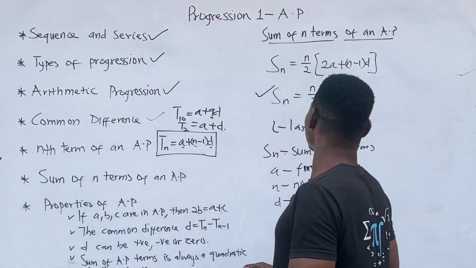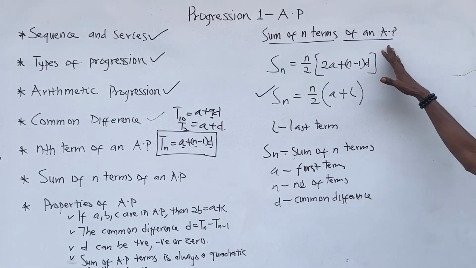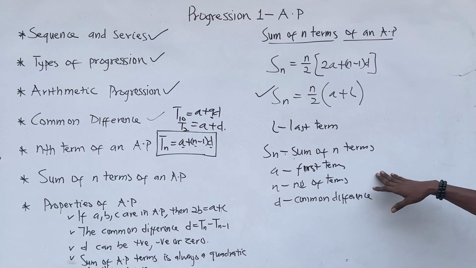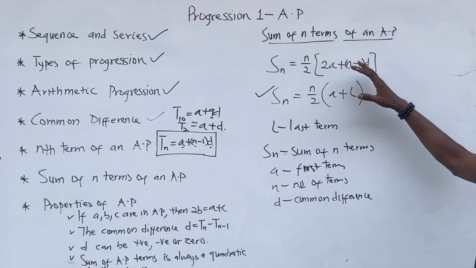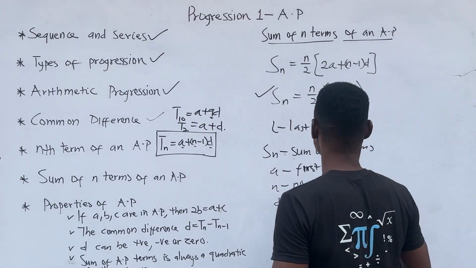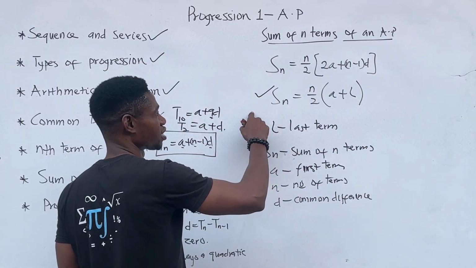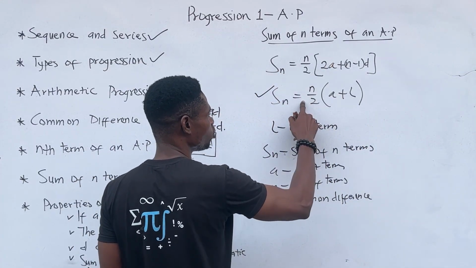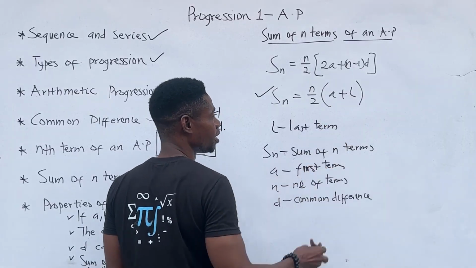As we round up, let's see how this works. I'll leave the formula up here and put 1 or 2 questions and we'll solve together. Just jot down these formulas. Remember, this one is the main formula. This one, you use only where you are given the last term.